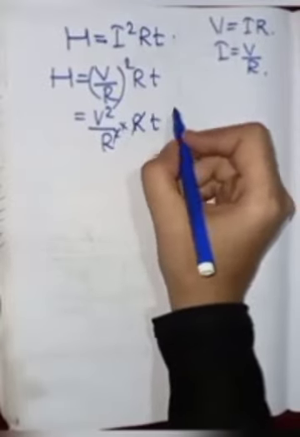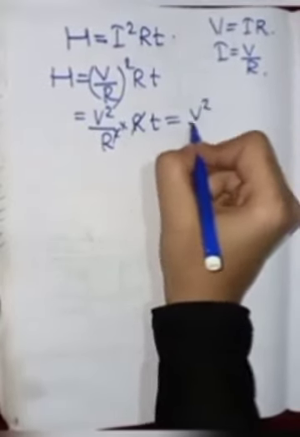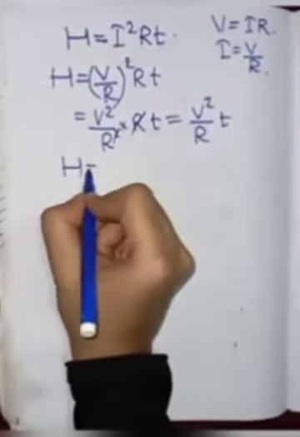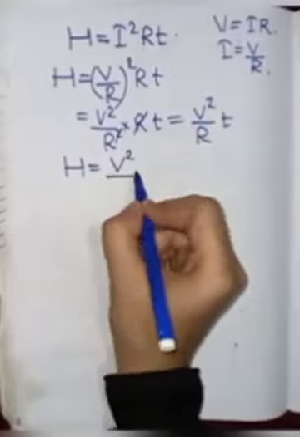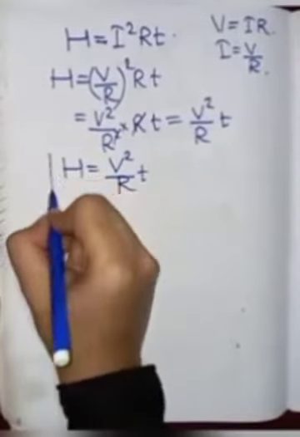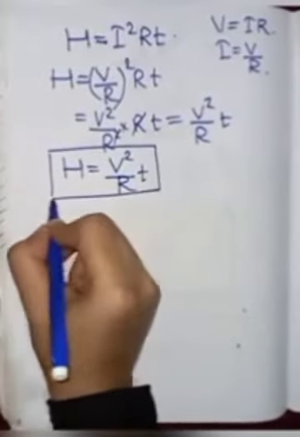Then we can write H is equal to V square by R into T. This is another equation for heat.